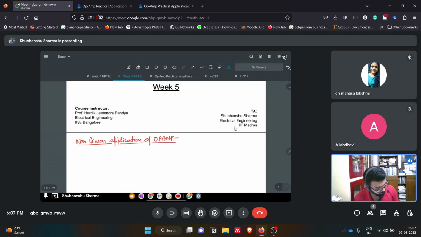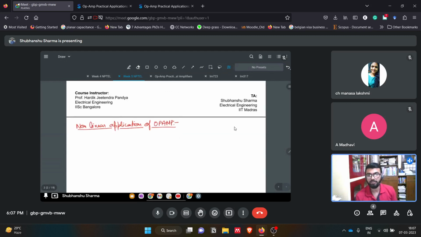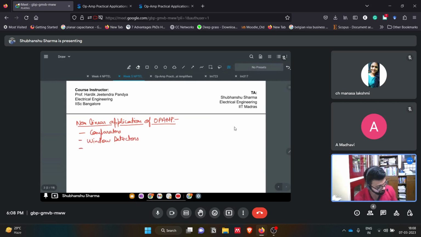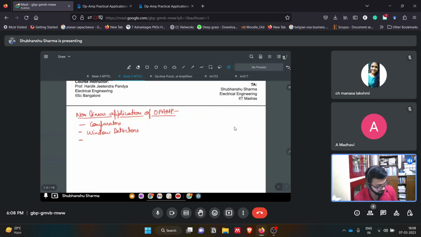Because in every application we are using positive feedback, not only negative feedback. Earlier we talked about comparators, then window detectors, and also Schmitt triggers.